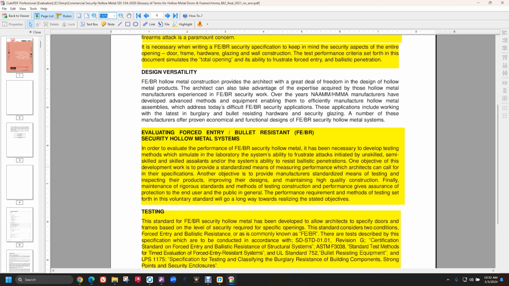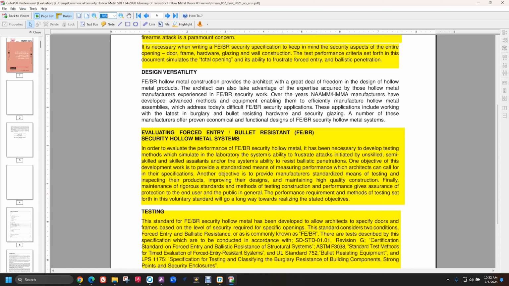One objective of this development work is to provide a standardized means of measuring performance which architects can call for in their specifications. Another objective is to provide manufacturers standardized means of testing and inspecting their products, improving their designs, and maintaining high-quality construction.